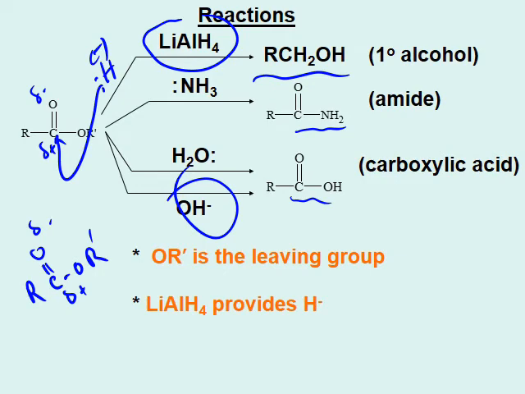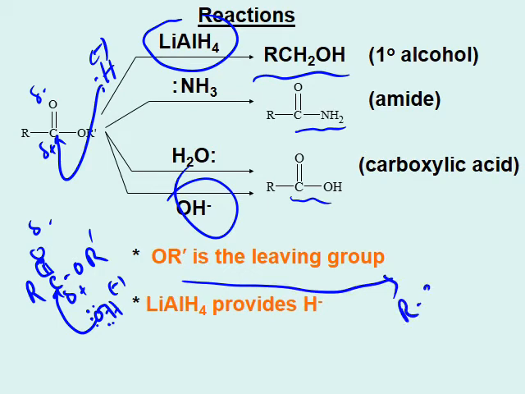Now when you have OH minus, that's OH minus, and it gets bonded here, and then electron is released there. And what you initially get is the following. If you follow all the arrows, C, O minus, OR prime, and then you had OH here.